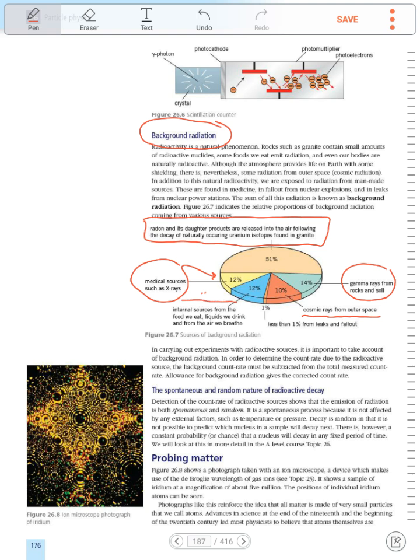The internal sources, from the food we eat, liquids we drink, and from the air, are about 12%. So these values are almost the same, but as I said, I think this number will grow with days. Less than 1% is from leaks and faults in the nuclear stations.